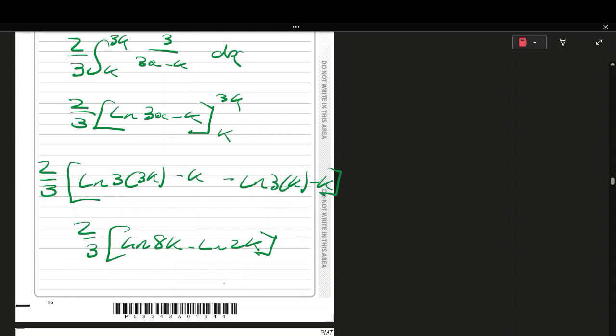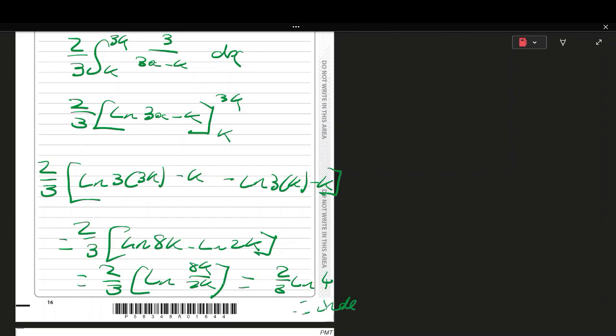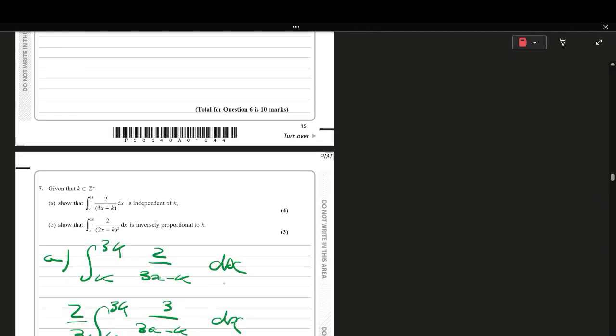This is the same as 2 over 3 ln of 8k over 2k. And this is the same as 2 over 3 ln 4, since the k's cancel. Then you just write therefore independent of k. That's for part B.